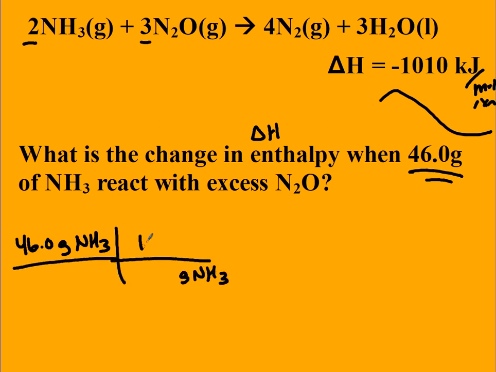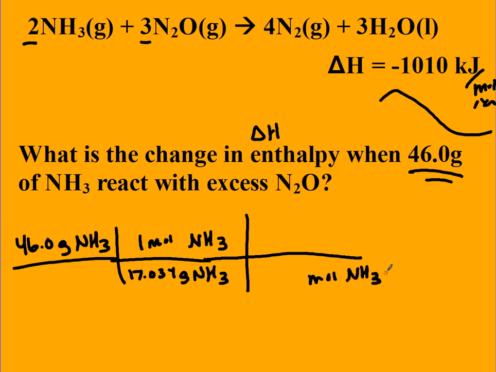This is basically a stoichiometry problem where step 1 is you convert to moles. My molar mass from the periodic table is 17.034. Once I have my moles, I can do a mole to energy ratio instead of a mole to mole ratio. So I need to get rid of my moles of NH3, and I'm converting to kilojoules.